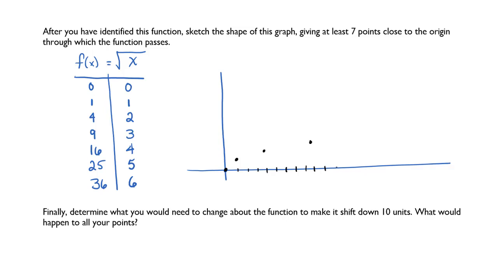At 10, 11, 12, 13, 14, 15, 16, I'm at 4. And I might run out of room, but you get the idea. 17 through 25, I am at 5. So the shape of the square root of x is something like this.